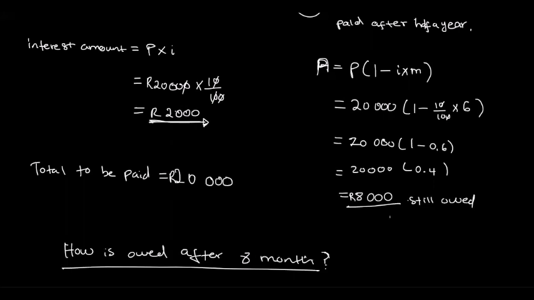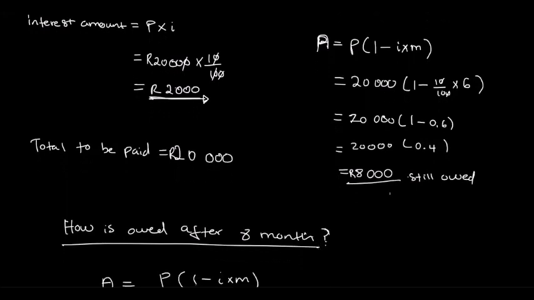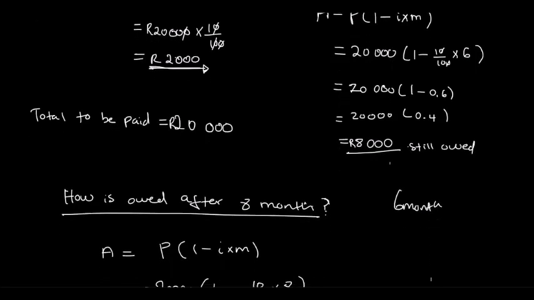So if you want to find out how much you would have paid in, for example, 6 months, how much did you pay? It's the interest times the month. So that would be your 2,000 times 6, which is equal to 12,000.